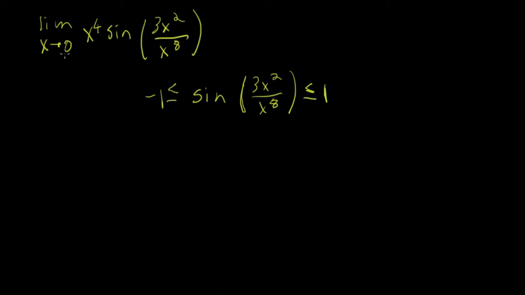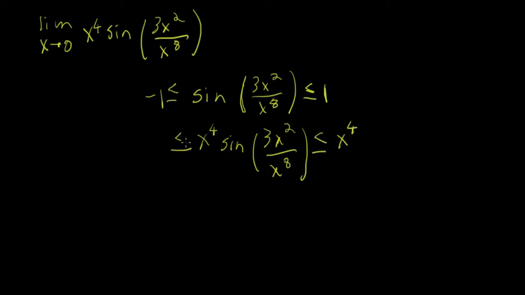But when you're approaching from the left, a positive number to the fourth is still going to be a positive number. So you can keep the direction of the inequalities the way it is now. So you have x to the fourth times sine of 3x squared over x to the eighth is less than or equal to x to the fourth, and this is greater than or equal to negative x to the fourth.